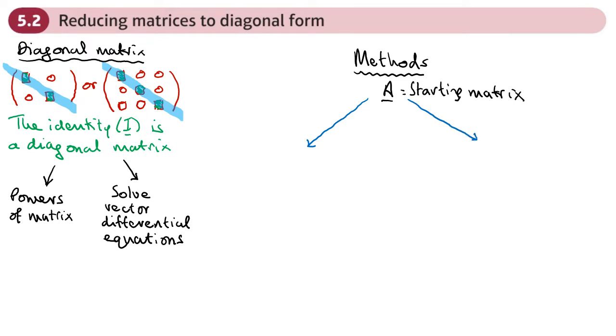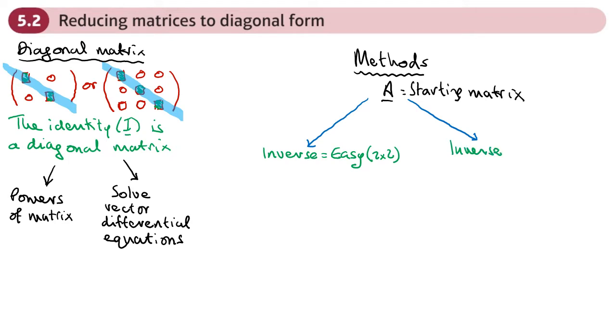So if the inverse of a matrix, not the matrix A, but if the inverse is easy to find, so for example in a 2 by 2, then we're going to use the method that I'm going to write on the left here. If finding the inverse is more difficult to do, so I suppose I should write inverse equals difficult to be consistent.